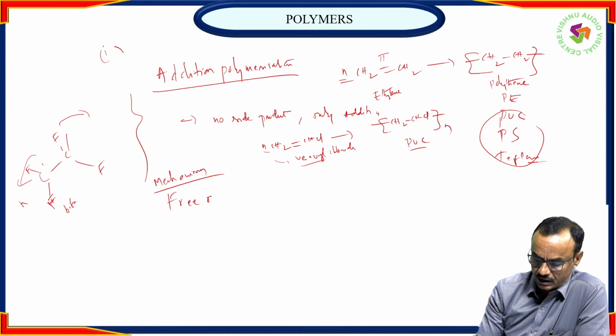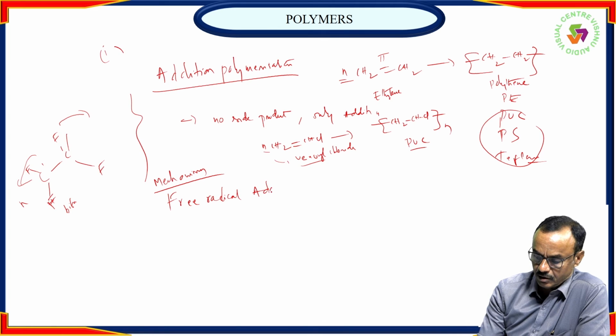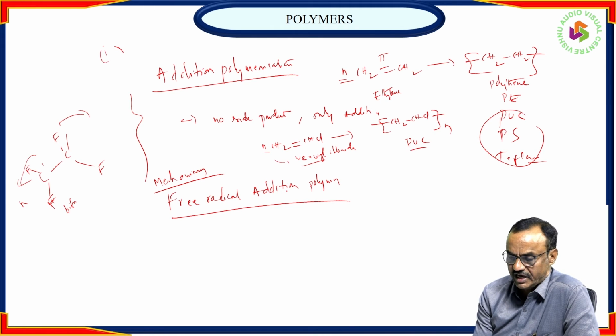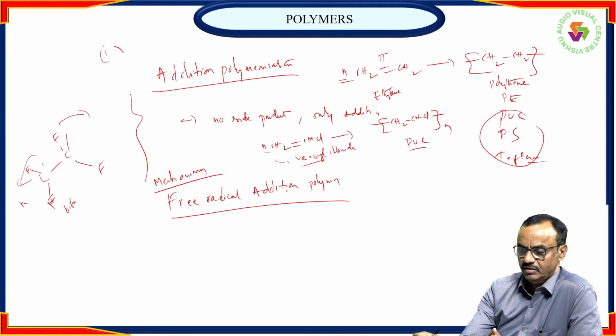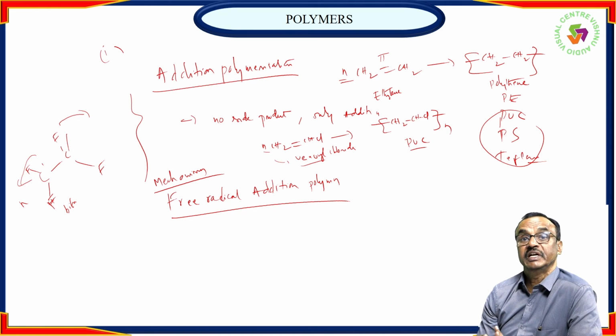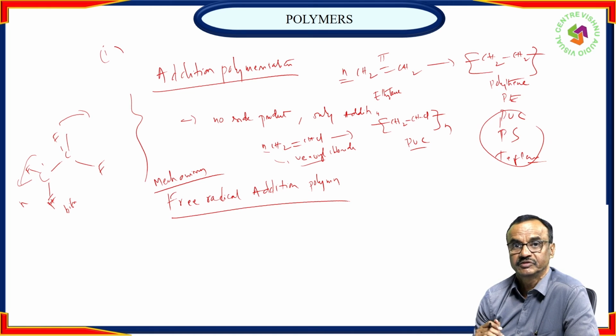Addition polymerization means only adding, no elimination. Therefore the product equal to the sum of the monomers involved is known as addition polymerization. In free radical addition polymerization, the intermediate products are free radicals.